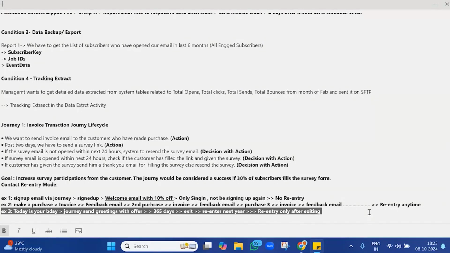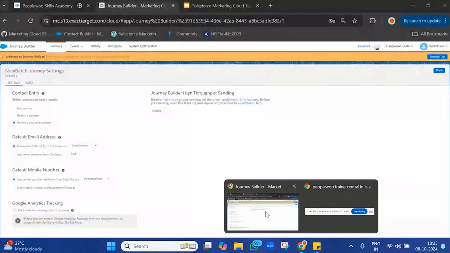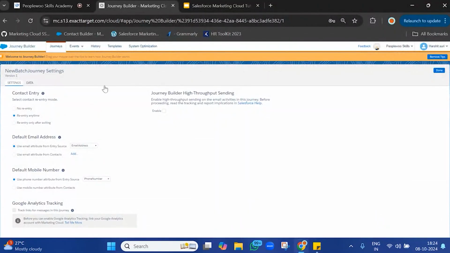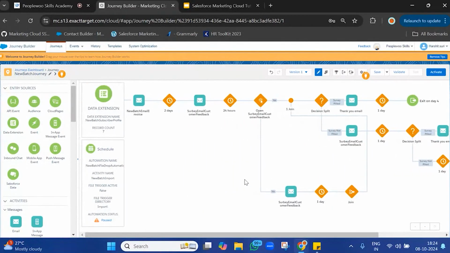Or you have opted for an annual premium for a particular insurance policy, where the transaction is allowed only one time, so you have to exit and then re-enter. In all these cases we will use re-entry after exit. So in our use case we will use re-entry anytime, because a customer can make a transaction anytime.